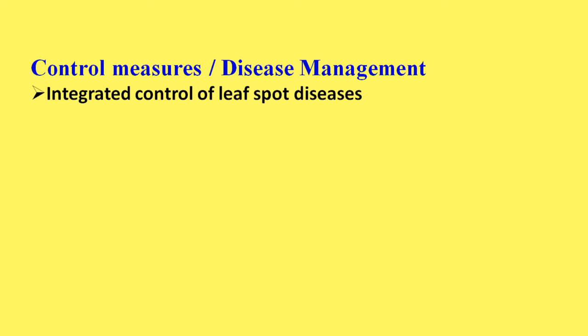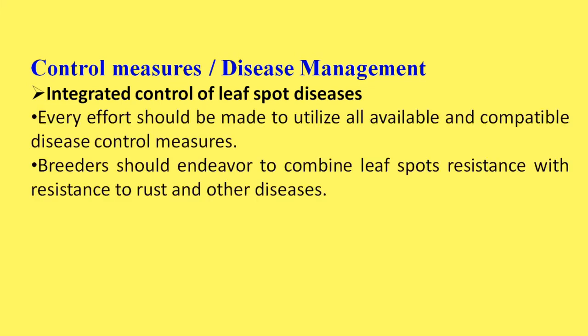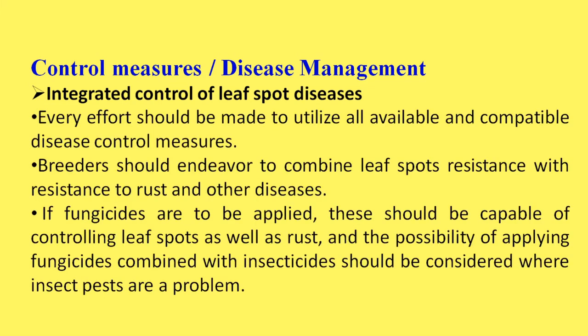Also, if fungicides are to be applied, they should be capable of controlling leaf spot disease as well as rust, and possibly the fungicide application should be combined with some insecticides, considering insect pests that may also cause problems. Whatever efforts are possible to control the disease should all be utilized together. That is integrated control of leaf spot disease.